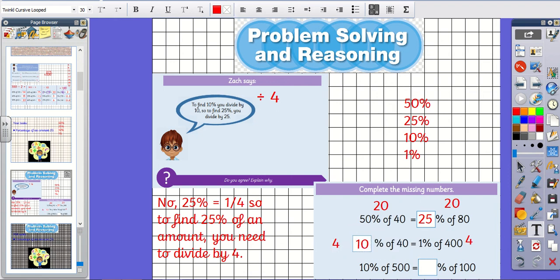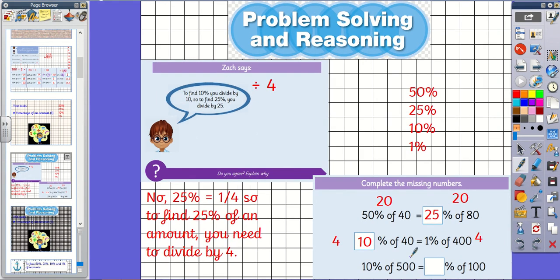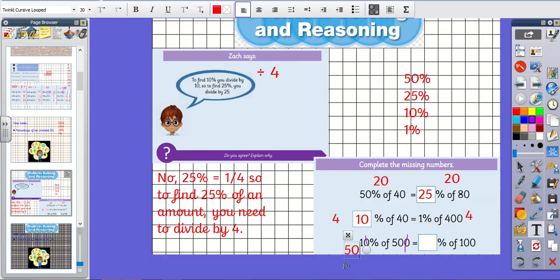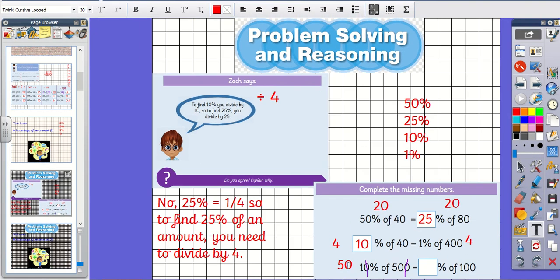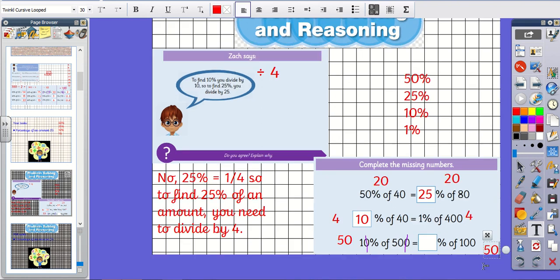And then last one, I've got 10% of 500. So if I cancel out those zeros from 500 and 10, I get the answer of 50. So I now need to think of what percentage of 100 will give me the same answer of 50. Well, I straight away know that half of 100 is 50.